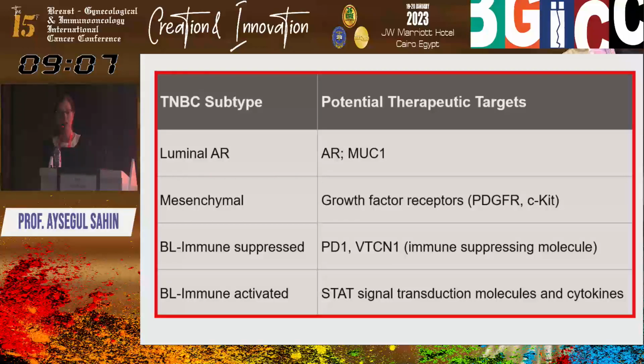And are any of these specific markers used in classification in our daily practice? The answer is no, except for androgen receptor. If we have a tumor which has morphology for apocrine carcinoma, and if it is ER/PR HER2 negative, we perform androgen receptor because many patients respond to androgen receptor targeted therapies.